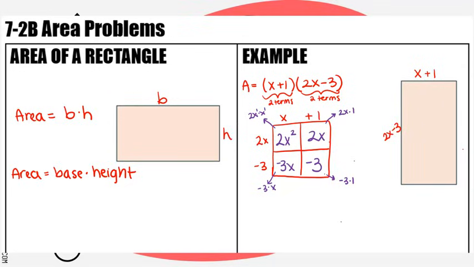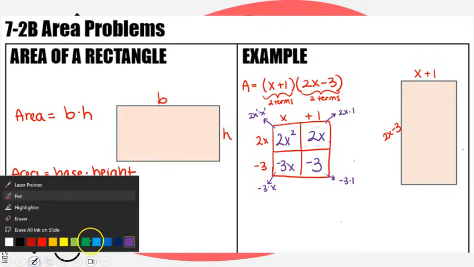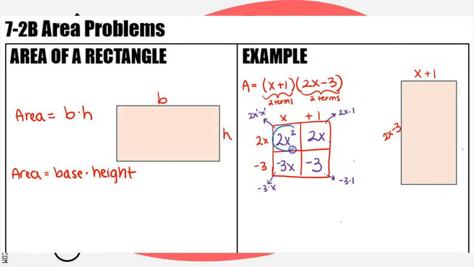And yes, if you need to use a calculator in order to do some of this multiplication, you can, but you can't type x's into your calculator because it will not give you the right answer in these situations. To find the area of this, I am going to add all of these little products together, and that will give me the area of the rectangle.